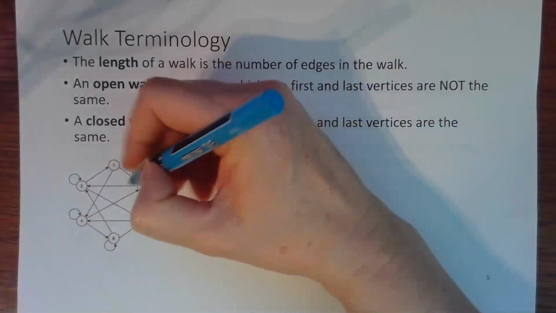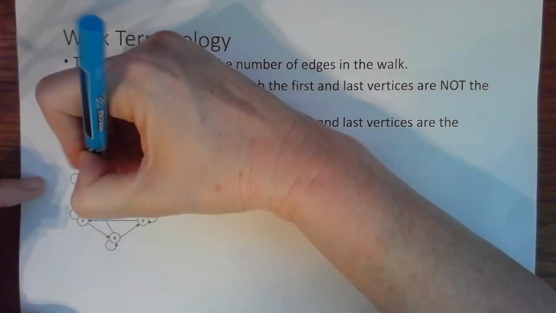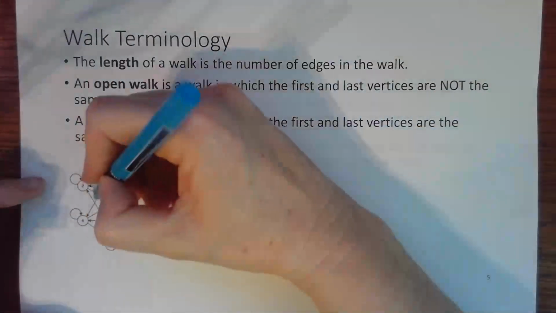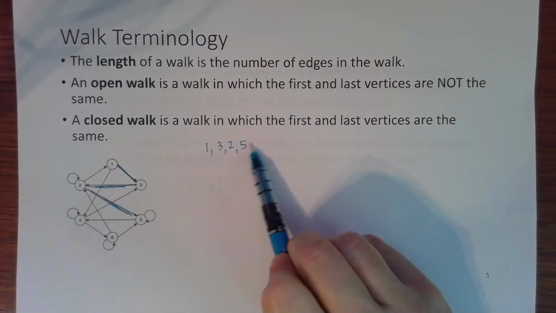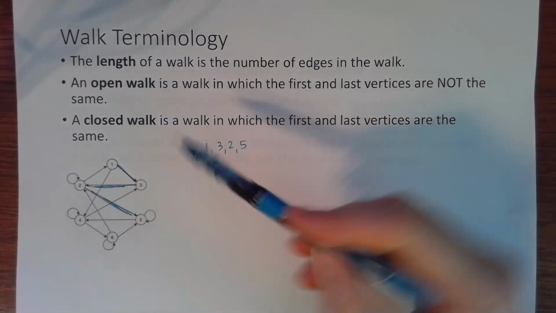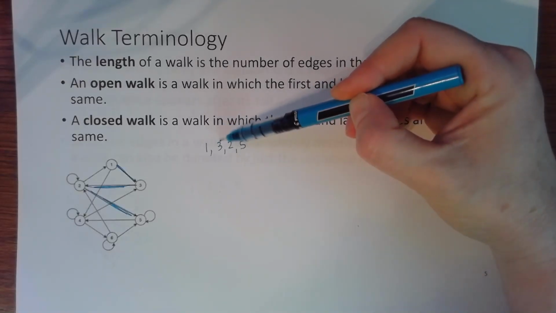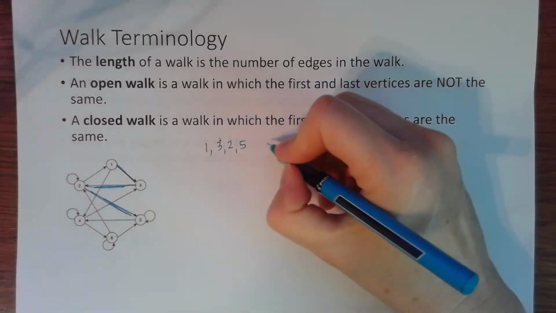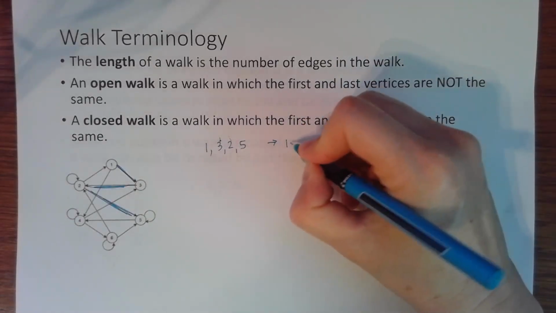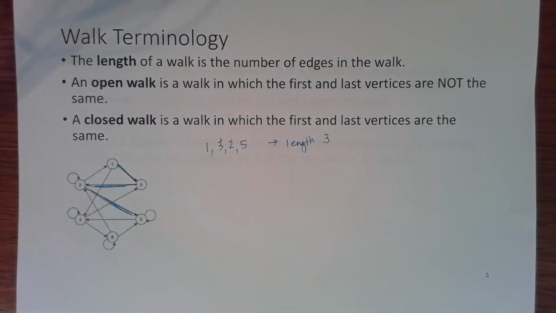So if I went from 1 to 3 here, and then from 3 to 2 here, and then from 2 to 5 here, notice that is only 3 edges. So this is length 3. It's not the number of vertices, it is the number of edges.